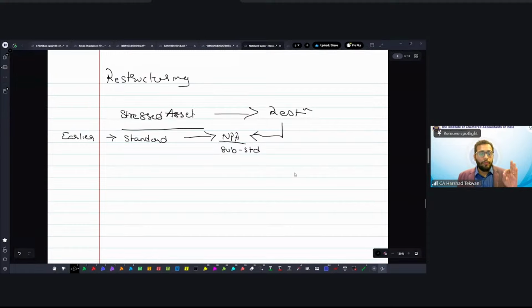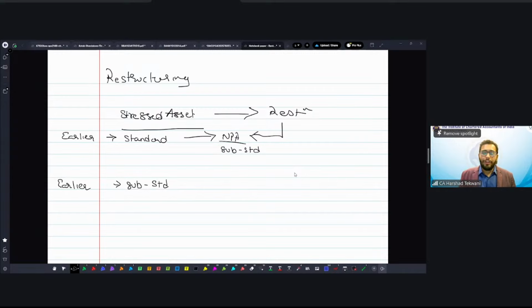So for the stressed asset in the restructuring, the categorization will immediately change to substandard and it will go to the NPA category. Now let's say, for example, it was substandard. So default was there, NPA was there for more than 90 days. And after making the default, the person came for help to the bank and the bank accepted the resolution for restructuring.